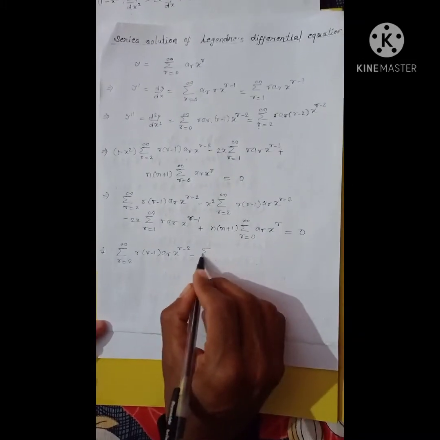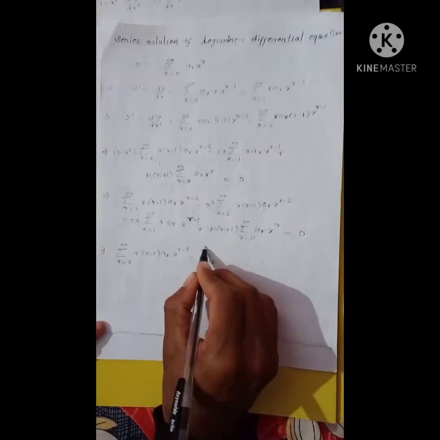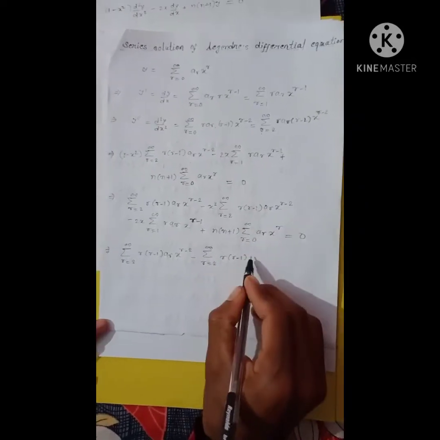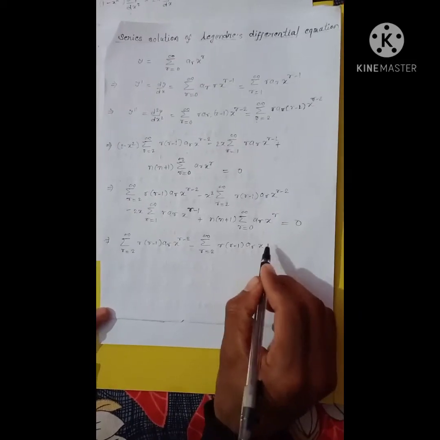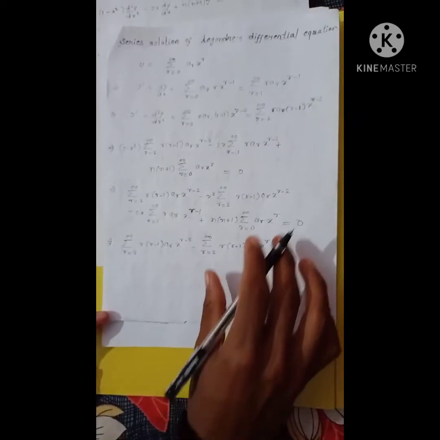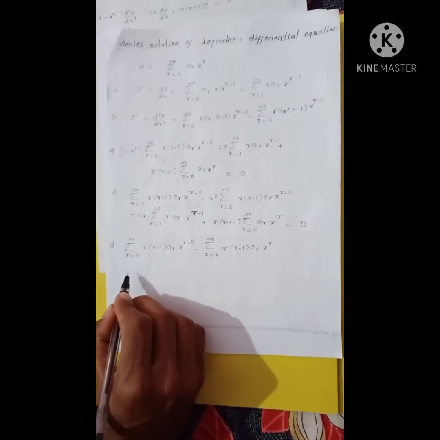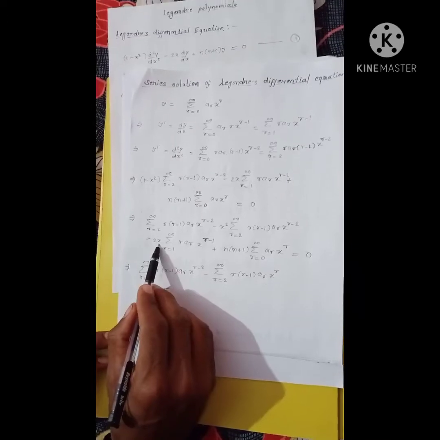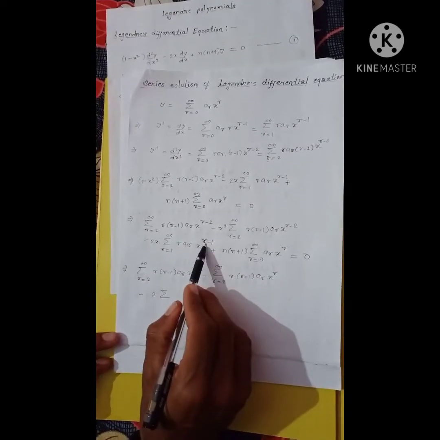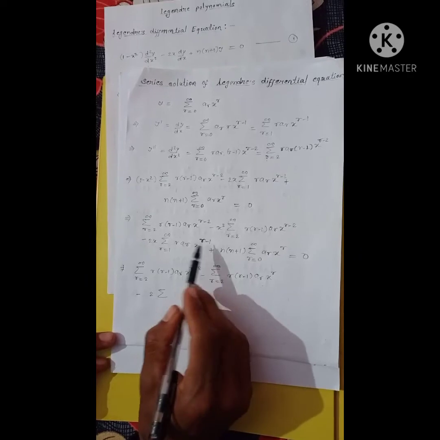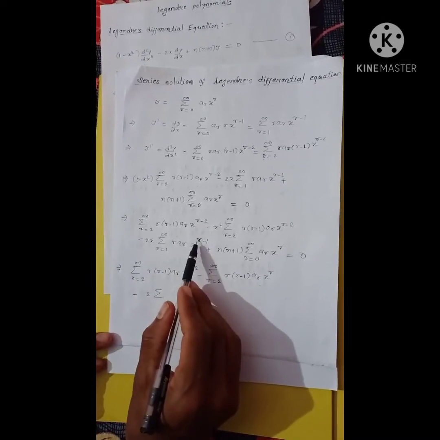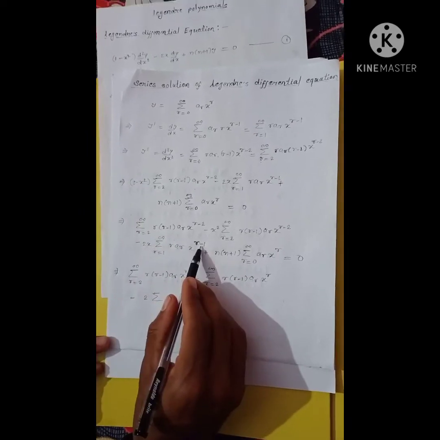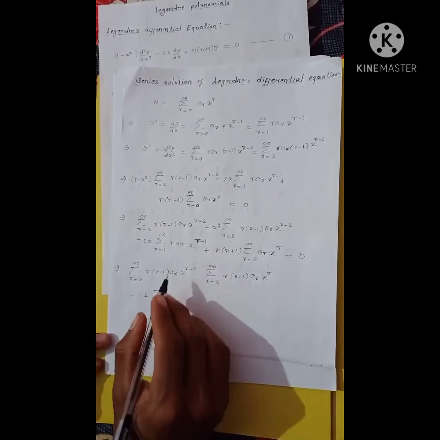So summation r equal to 2 to infinity r into r minus 1 into ar into x to the power r, and minus 2 x into this x to the power r minus 1 becomes only x to the power r, because x to the power 1 into x to the power minus 1 will cancel.